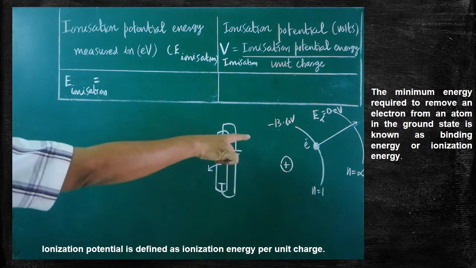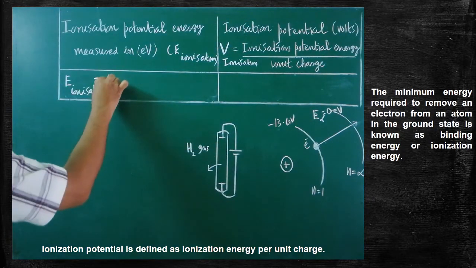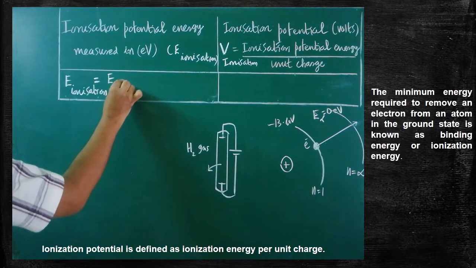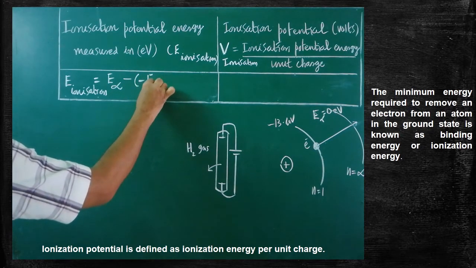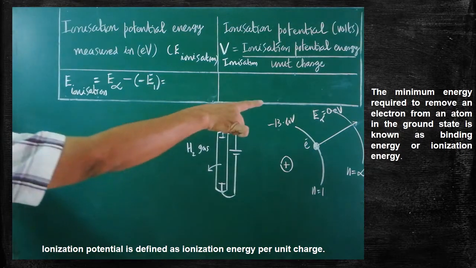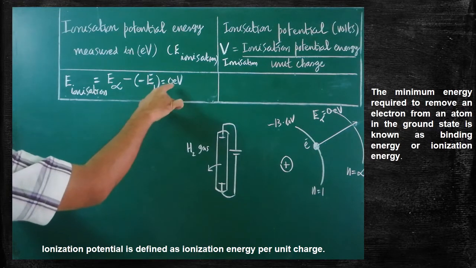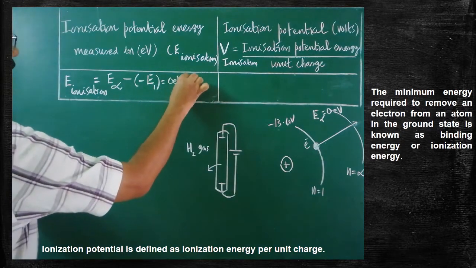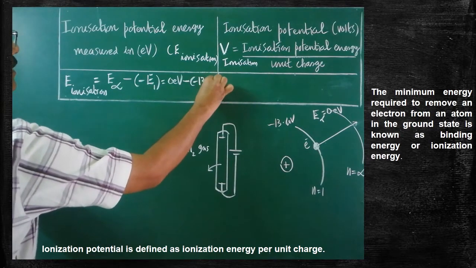The electron is removed from the first orbit to the infinite orbit. Therefore, energy of the infinite orbit minus energy of the first orbit, that is, the ground state. Substitute the value. Energy of the infinite orbit is 0 electron volt. Don't forget, energy of the infinite orbit must be taken as 0 electron volt, minus minus 13.6 electron volt.